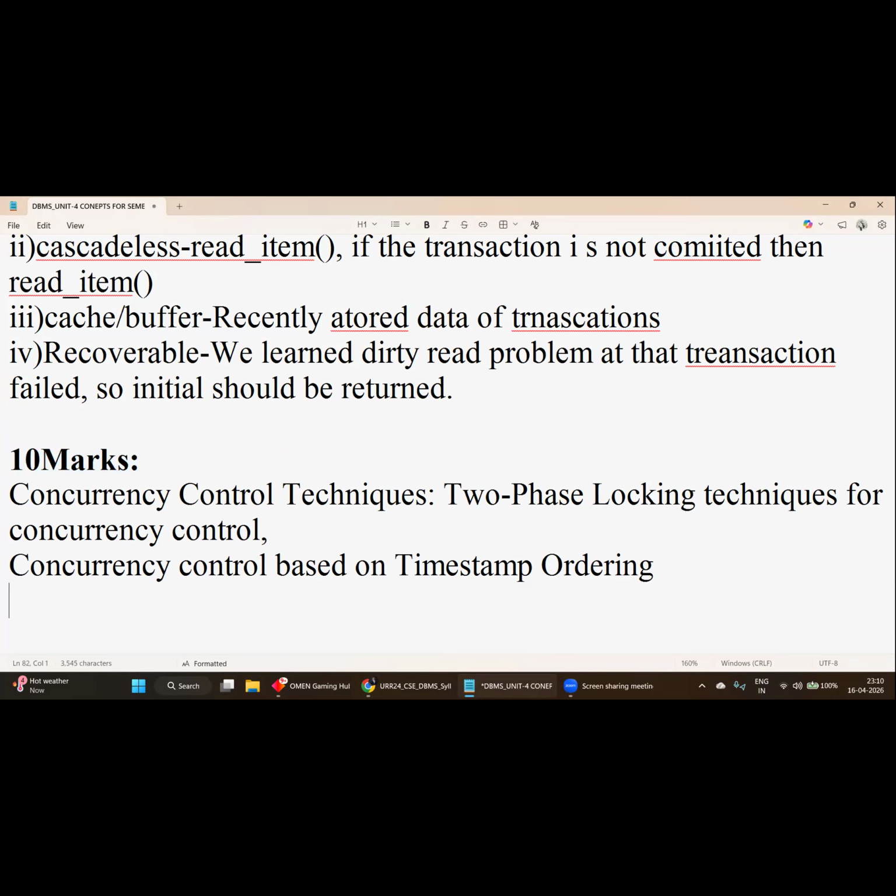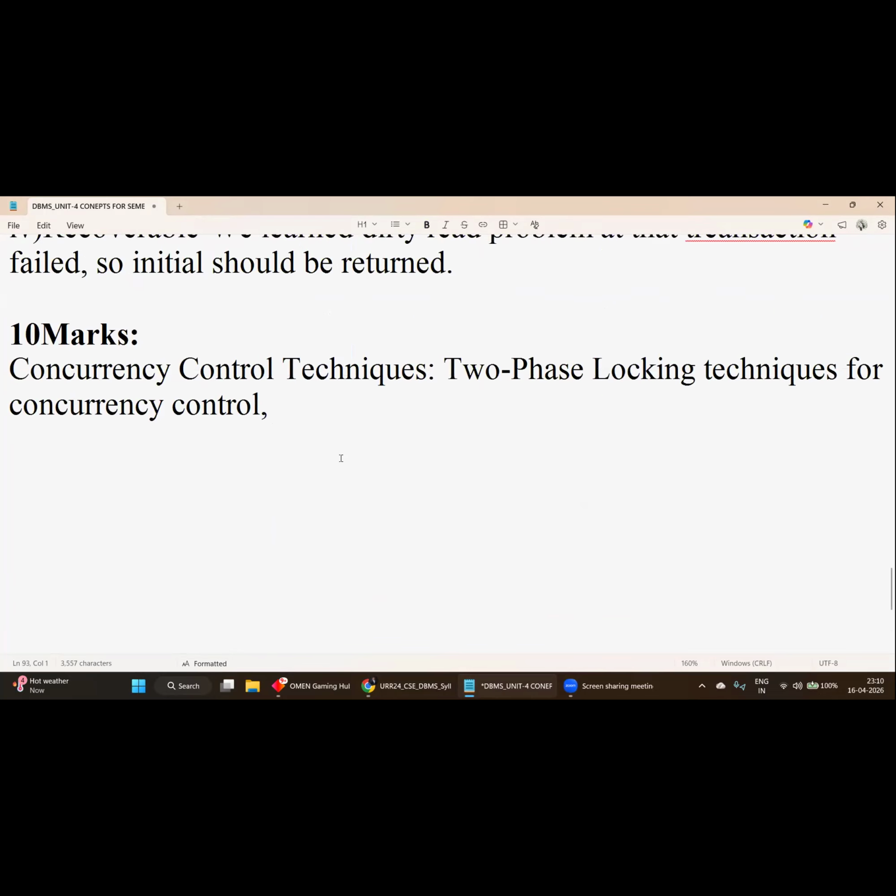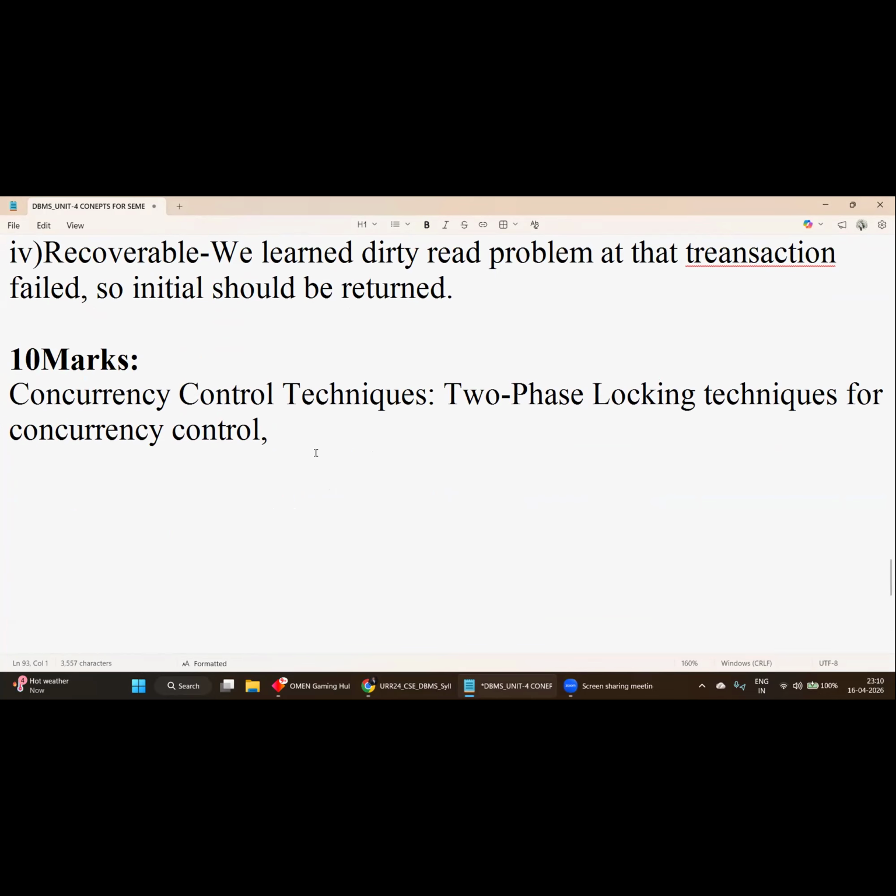Concurrency means simultaneous action of two transactions leads to concurrency.